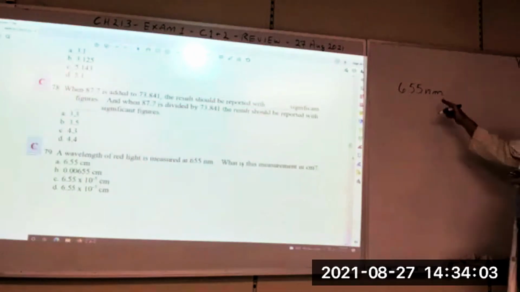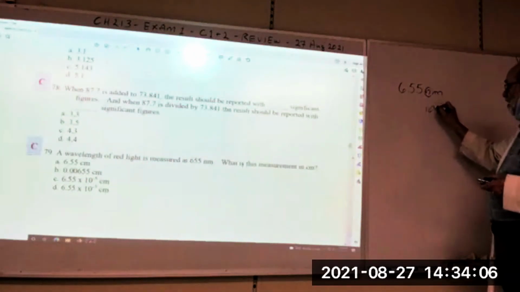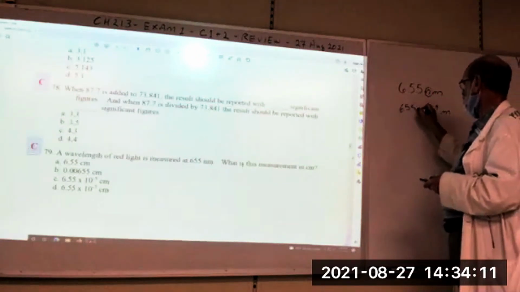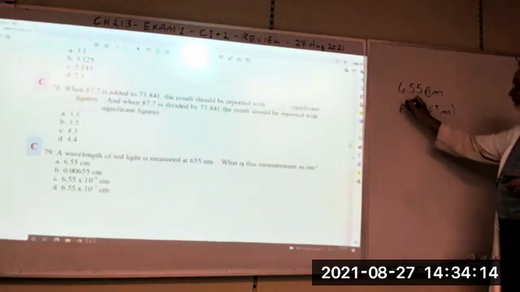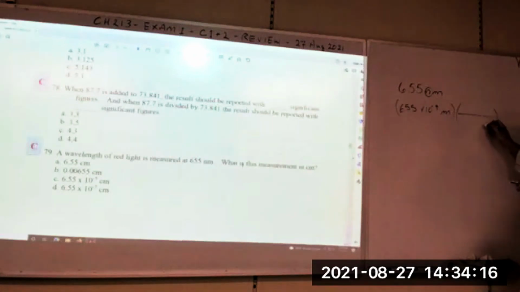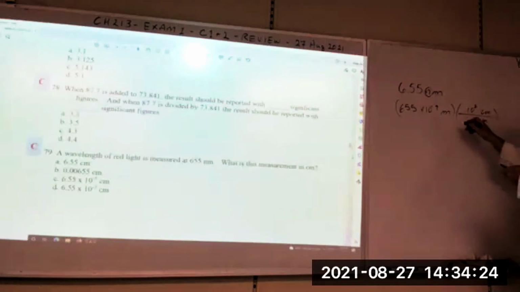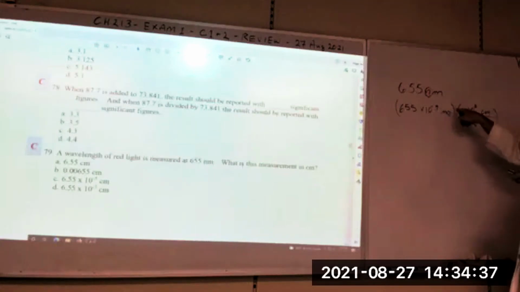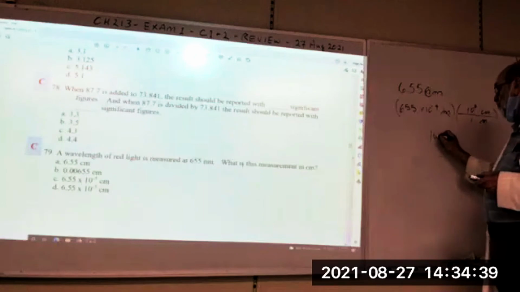the quick way to do it is to say, what's a nano? 10 to the minus 9 meters. Right? And then, how many centimeters in a meter? 100 centimeters in a meter. So now we can say 10 squared combined with 10 to the minus 9 is 10 to the minus 7, correct? Add those together. Minus 9 plus 2 is minus 7.